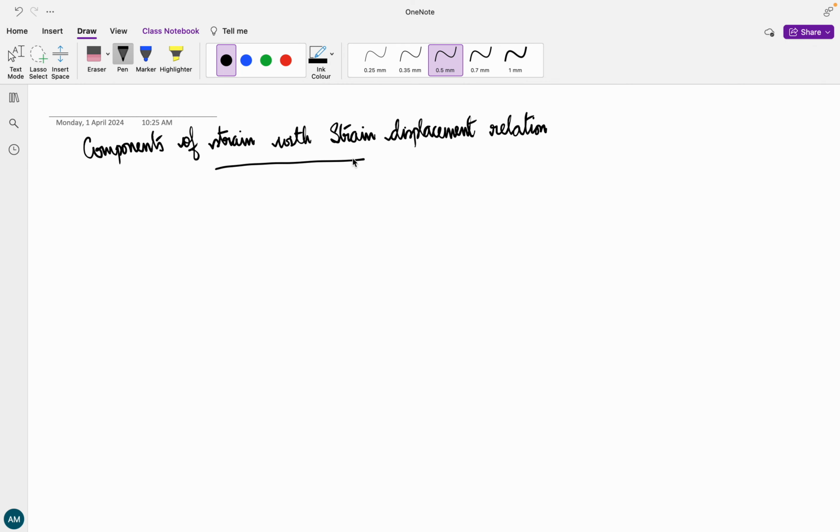Okay. Now here, first I'm going to write it in terms of the Cartesian coordinate system. We have Cartesian as well as polar coordinate system. X, Y, Z are the Cartesian coordinate system.